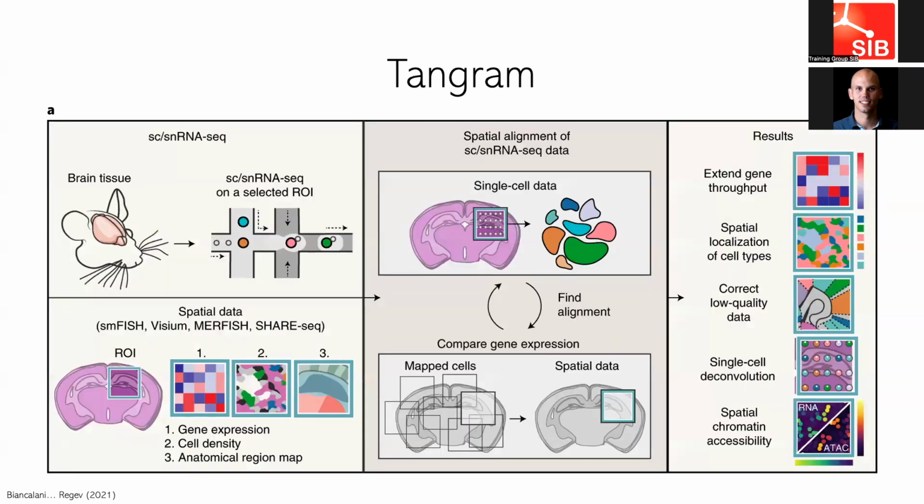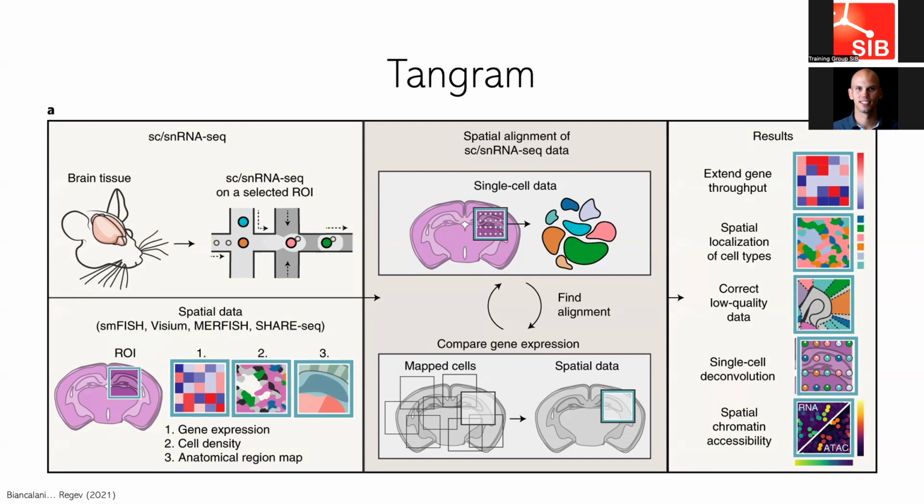Okay. If the modeling part is clear, so what can you do actually once you have done this model? You can look at, they call it extend gene throughput. That basically means predict the spatial expression of genes that you haven't measured, right? Because now I have mapped every cell to a location. So I can just borrow the expression of that cell from the single cell data or single nuclei data. You can localize cells.